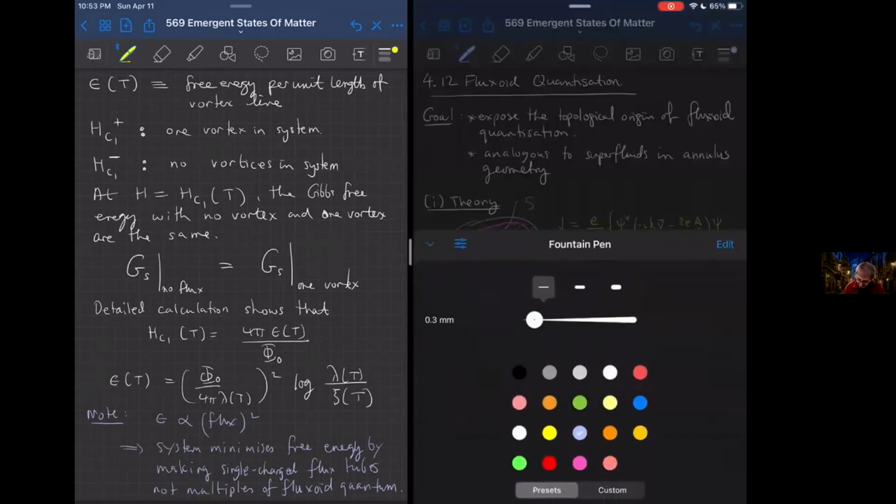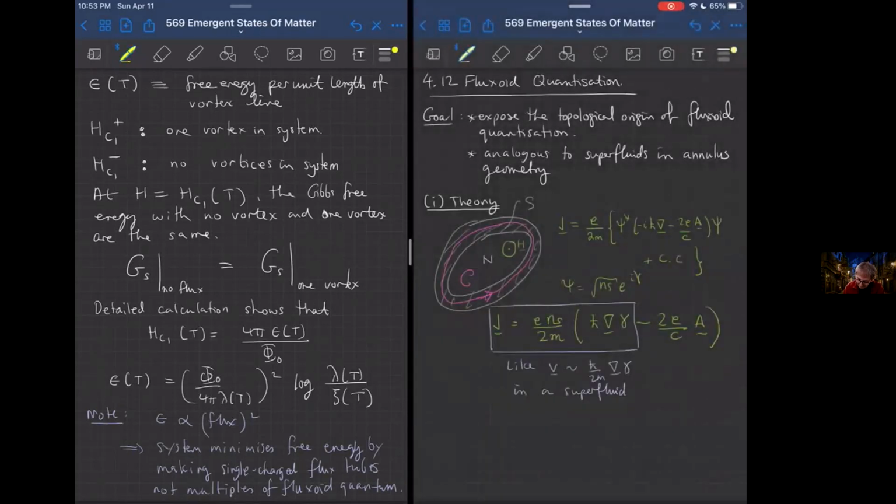But then we've got this extra term. This extra term comes from the magnetic field, and this extra term makes all the difference.